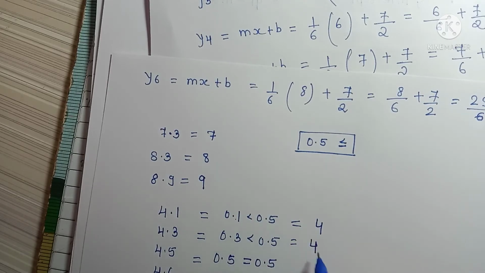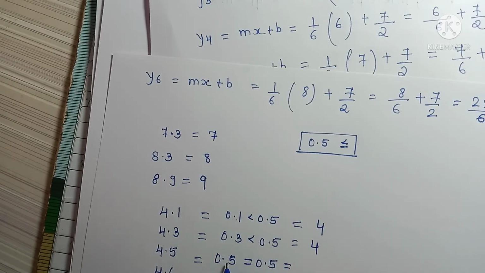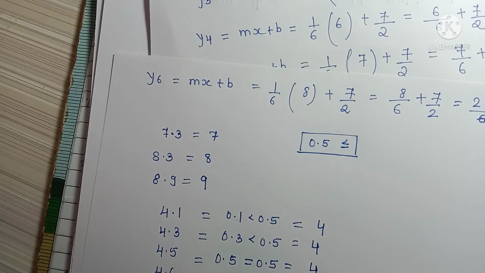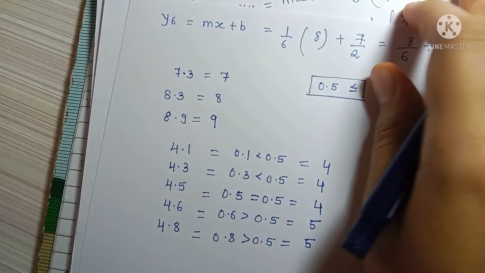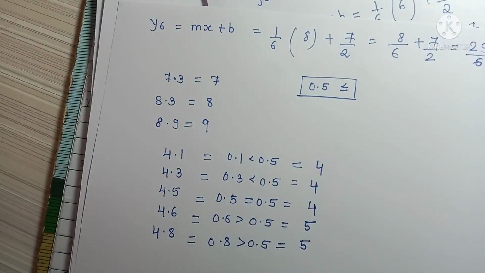This is also less, so 4. This is less or equal, same value. This is greater, so next, 5. And 0.8 is also greater, so it will be 5. This is how you have to round it off. If the decimal value is less or equal to 0.5, then keep the same previous integer. And if it is greater than 0.5, then jump to the next integer.